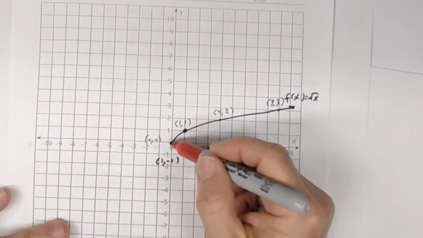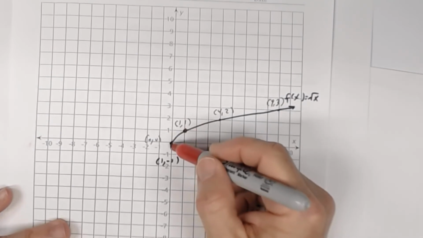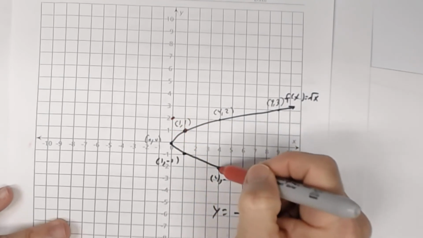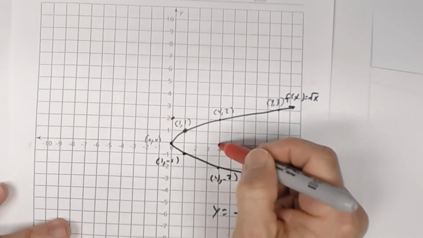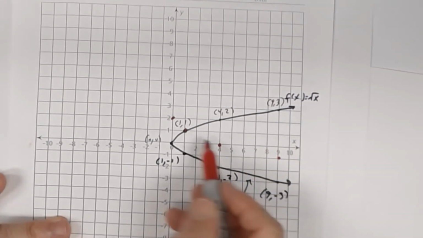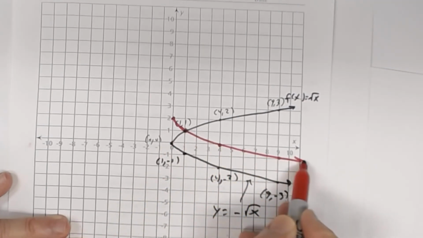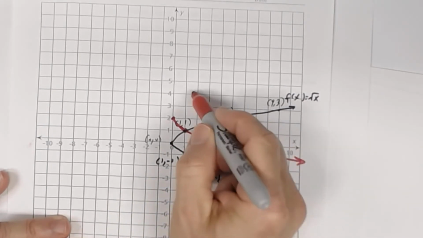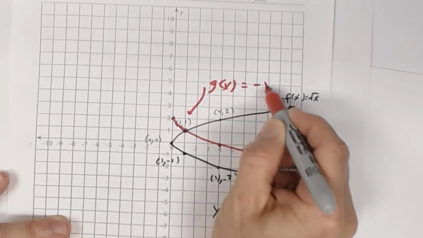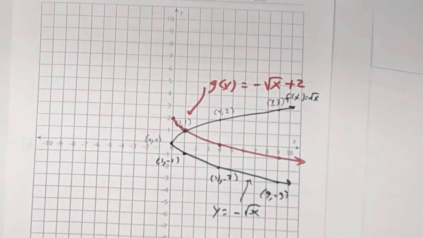Oh, and don't forget the beginning point, 0, 0, which becomes 0, 2, shifted up 2 units. And so the red graph is the function g of x, which is negative square root of x plus 2. That's the red graph.